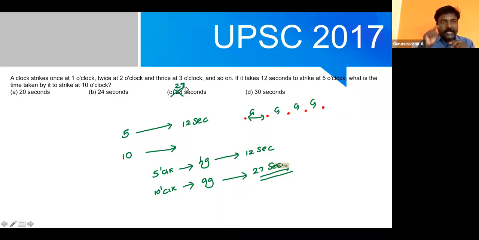So actually 27 seconds is the answer. Striking time doesn't matter. One ding dong sound to another ding dong sound, the gap is important here. Understand?